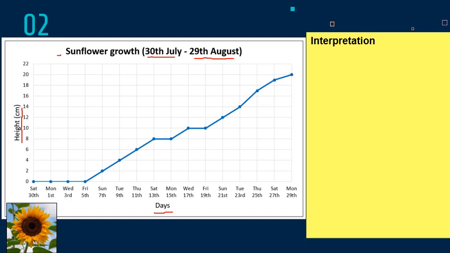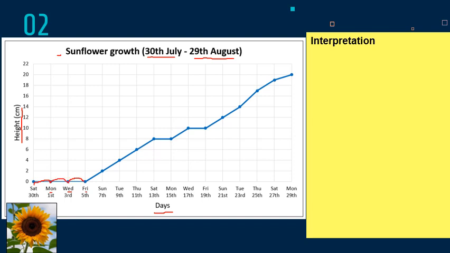Okay, so I've checked the title, I've checked the axes, what they are. Now I want to look at the scale of each of the axes. Now this is where it's a little bit trickier than the last one, because here I've got Saturday, but then I've got Monday and Wednesday and Friday. So it's skipping every second day. So these are intervals of 2 days.